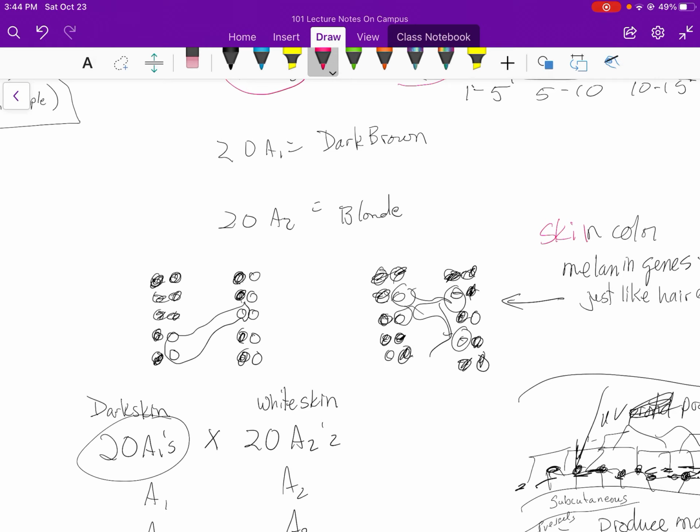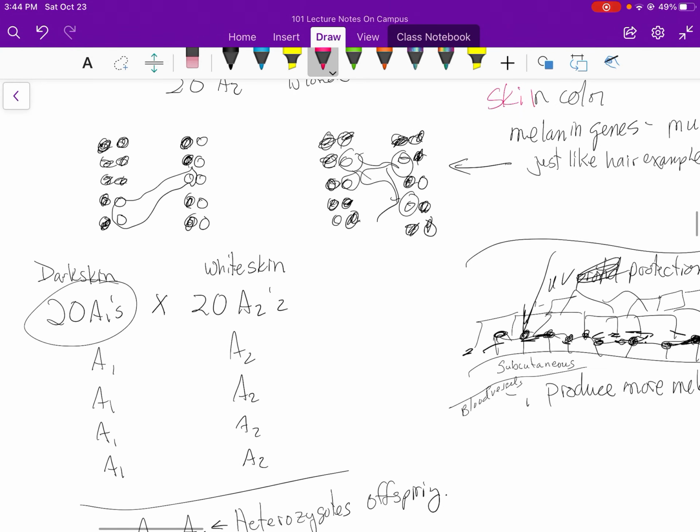Dark skin. Somebody in class asked about skin, and this is also produced in a similar way. It's also melanin, and it's melanin producing sites. So I drew an idealized picture here where this individual has 1, 2, 3.